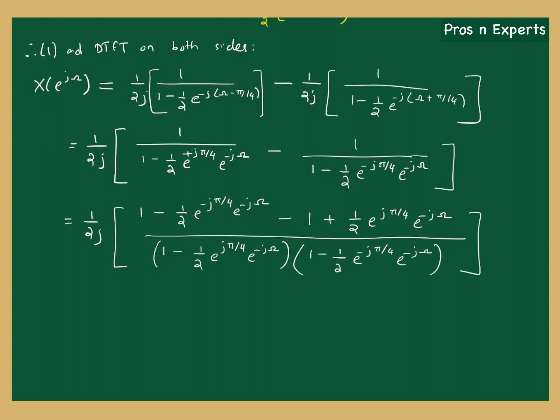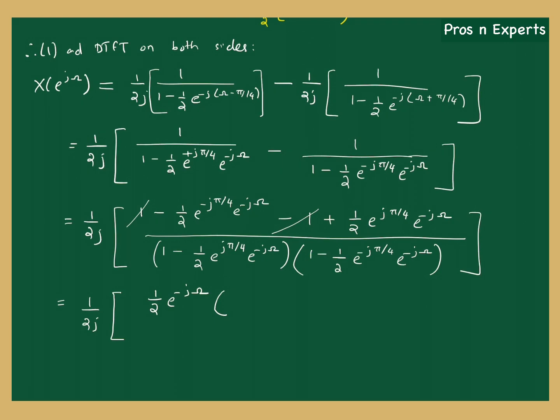Okay, so readily we can cancel out this thing. That implies 1 by 2j into, in the numerator I have the privilege to take out 1 by 2 e raised to minus j omega in common in both terms, right?